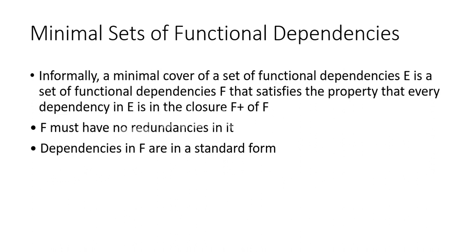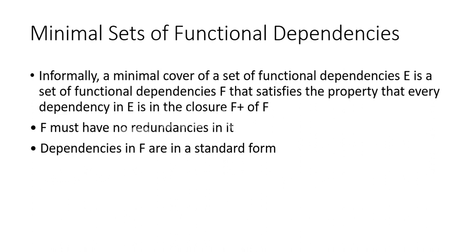And the third condition is that dependencies in F are in a standard form. F has a set of dependencies, and these dependencies are in a standard form, or you can call it a canonical form.